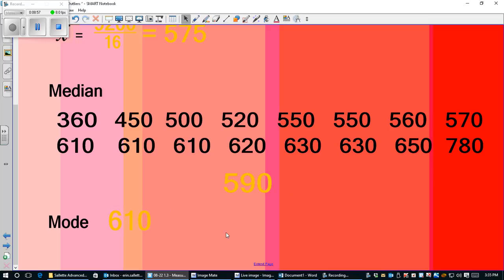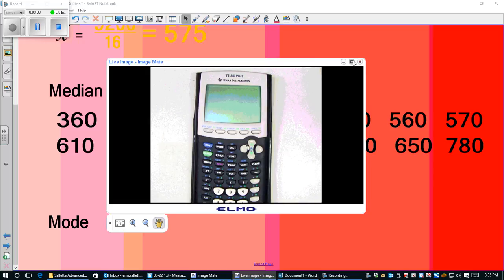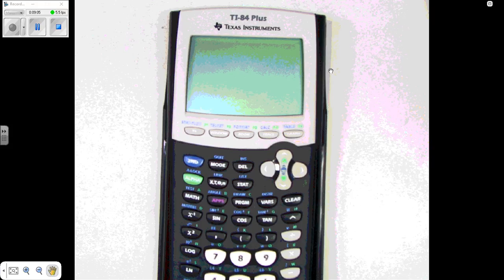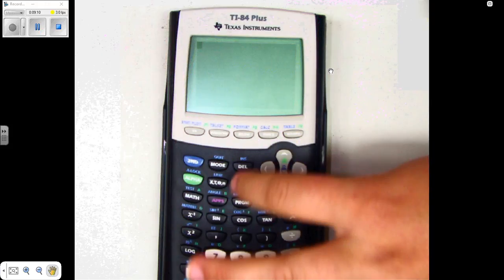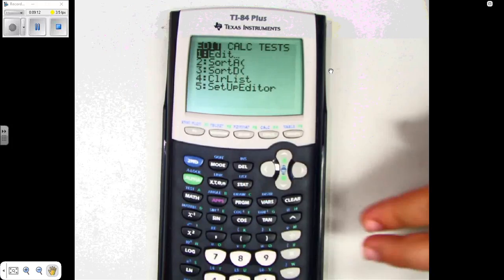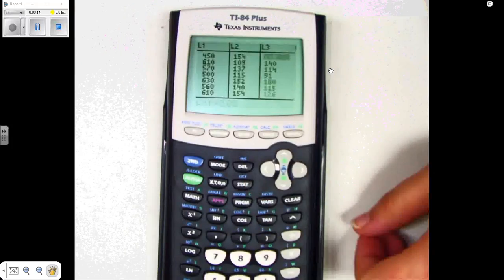Now I want to draw your attention to your calculator. Your calculator can do a whole lot of this stuff for you. I've already entered that data set in my calculator, into list 1.